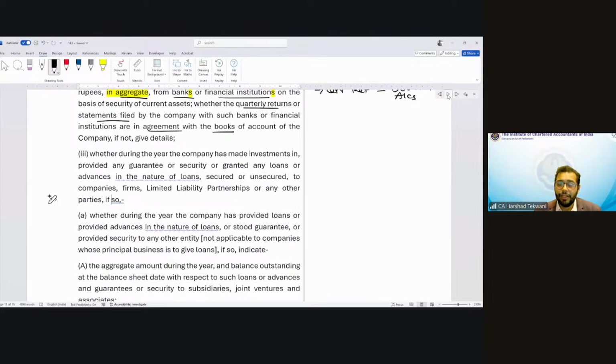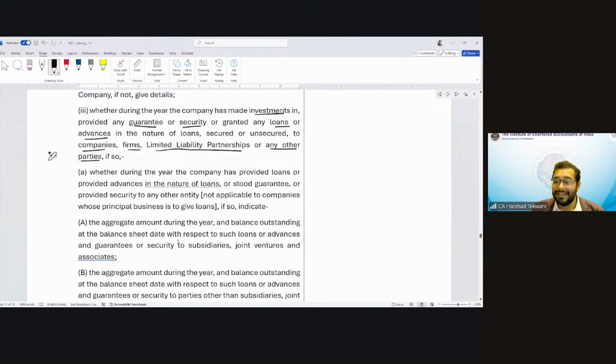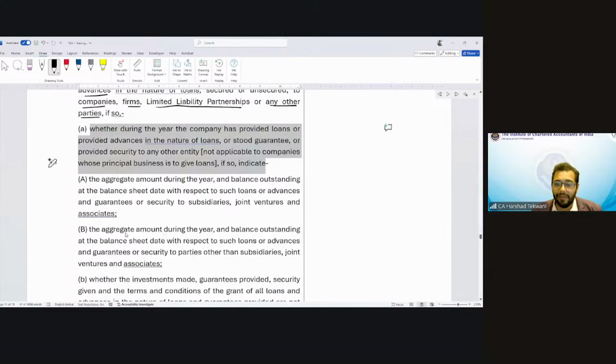It covers pretty much everything. But if that is the scenario, then you need to specify some additional things, like whether these loans, advances and everything which are given are of such nature.